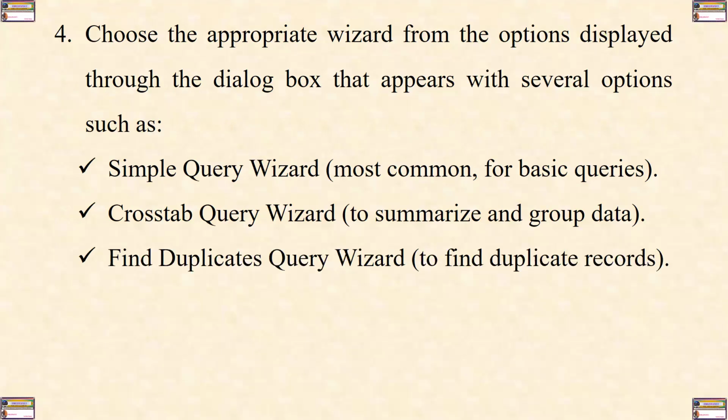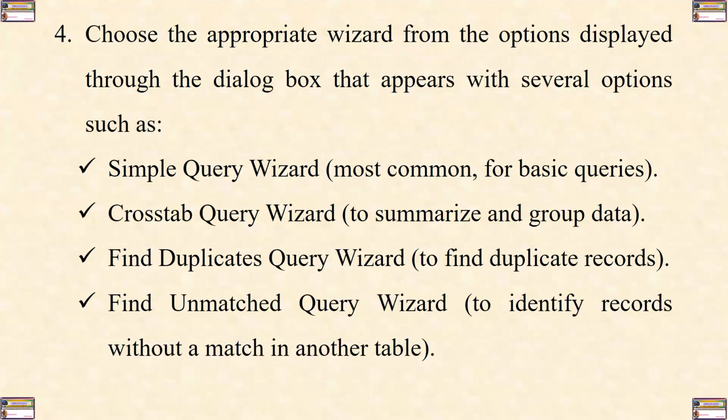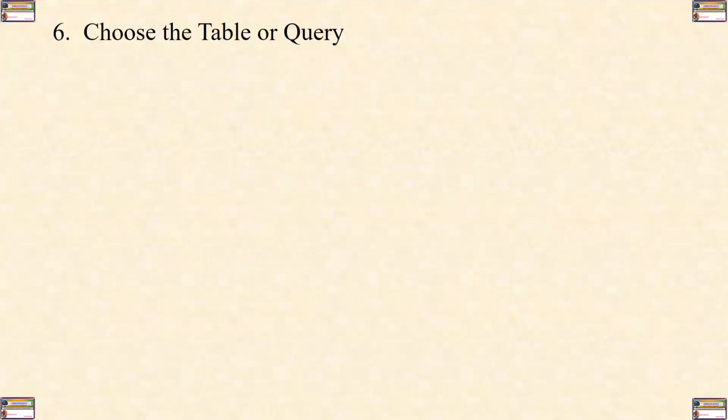You can also select the Find Duplicates Query Wizard, which is used to find duplicate records. Another option is the Find Unmatched Query Wizard. This type of query is used to identify records without a match in another table. And then you click on OK.